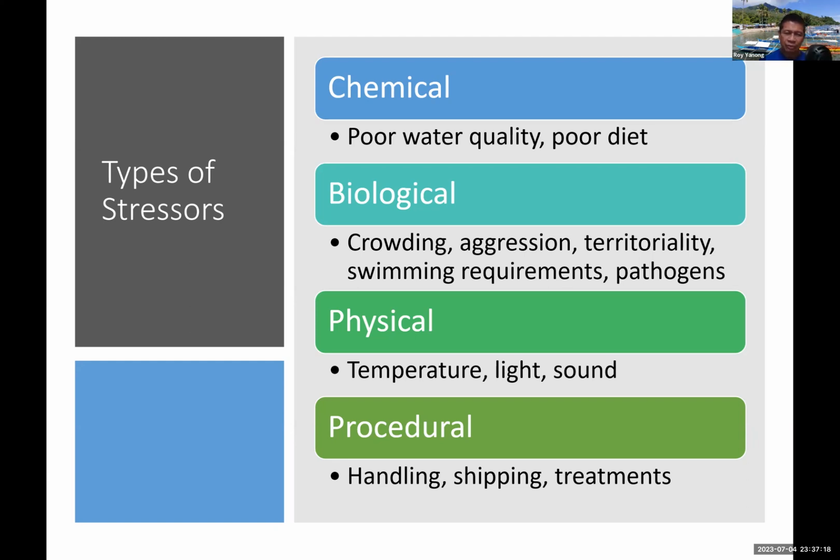For example, the fish being handled maybe not as well as they could be. Sometimes, obviously, when fish are being shipped from one place to another, for example, from a farm to a pet store, there are going to be stressors involved with that. And then even some treatments that we use, even if they are the correct treatments, can cause stress as well.